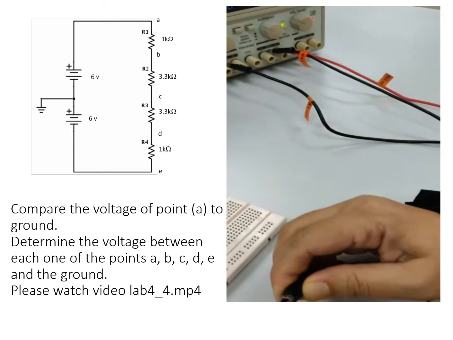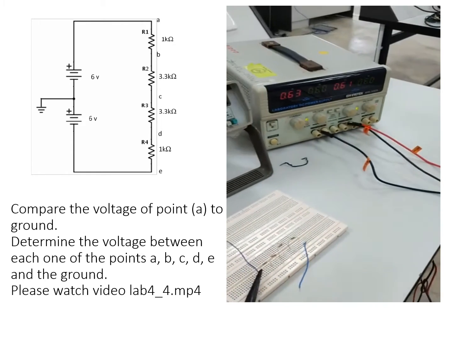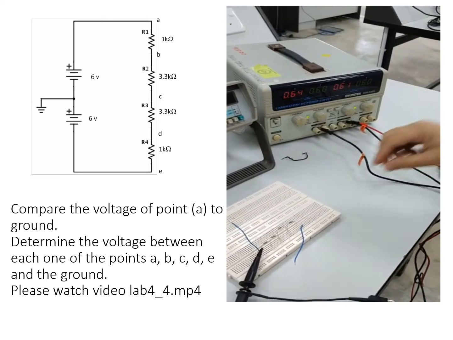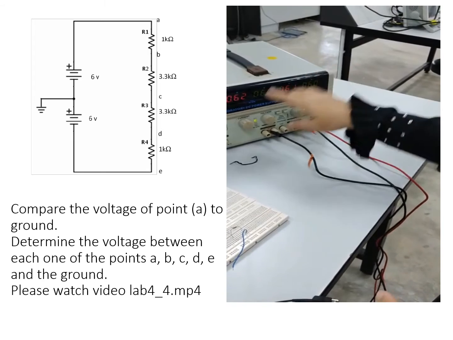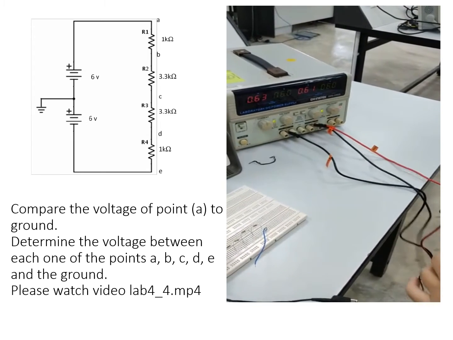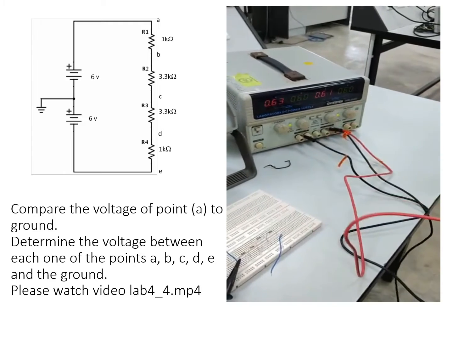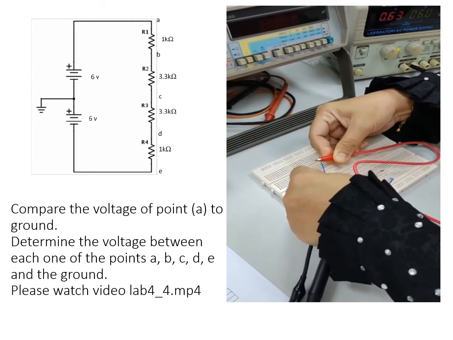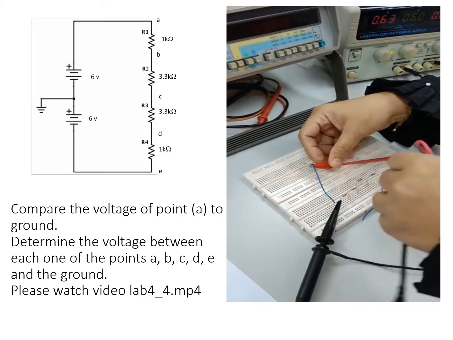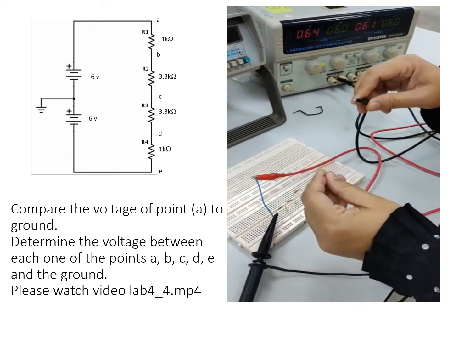Then we need to connect the DC supply to the resistor. Make sure the DC power supply is turned off. So we connect the positive at A, and the negative here.